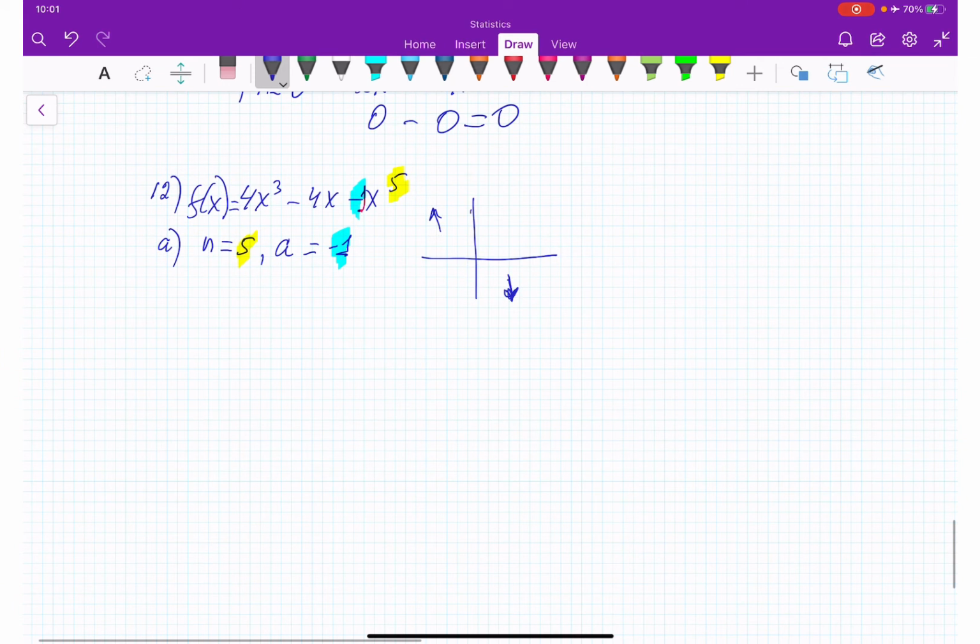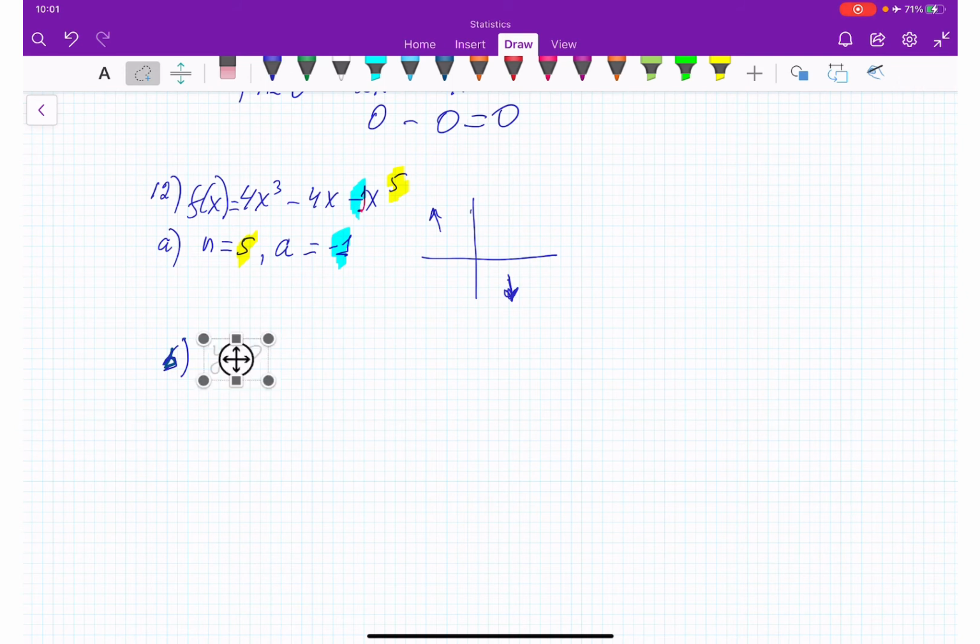Okay, let's go to x-intercept. What do we have? For the x-intercept, we take y equal to 0, which is f of x also equals 0.